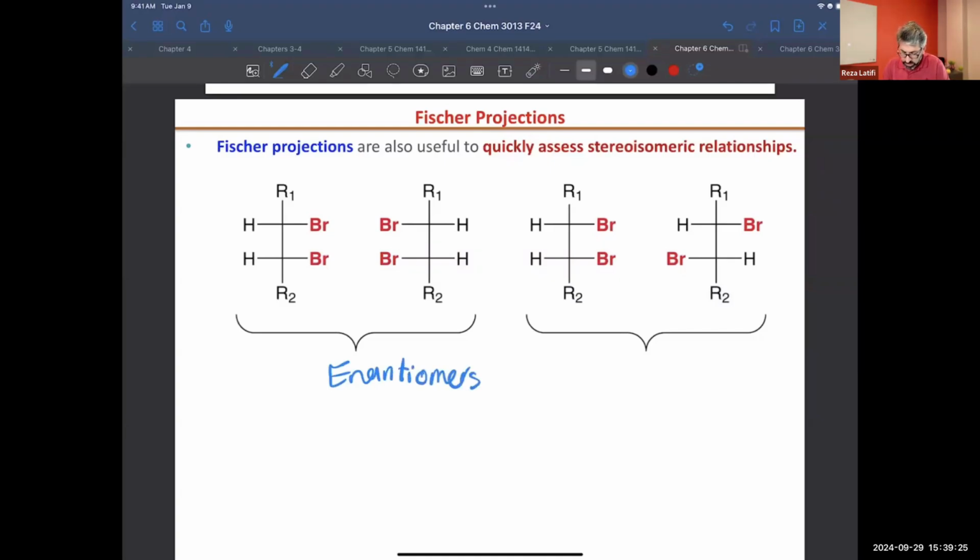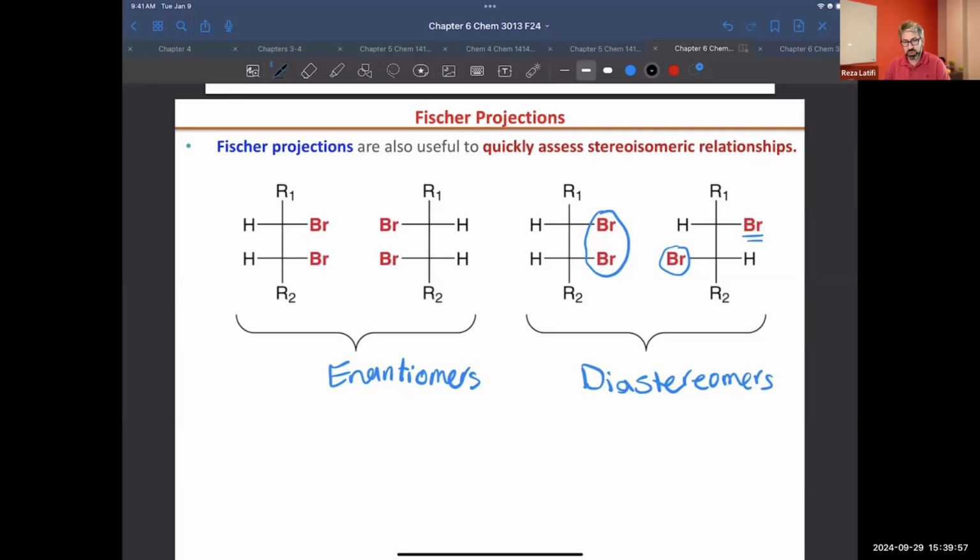Now, these two, on the right side, they kept one of them on the right. They flipped position of the second one. So these two are going to be diastereomers. And then proof for it. I can't assign the configuration for each one because I don't know R1 and R2, so it's going to be hard to assign it.